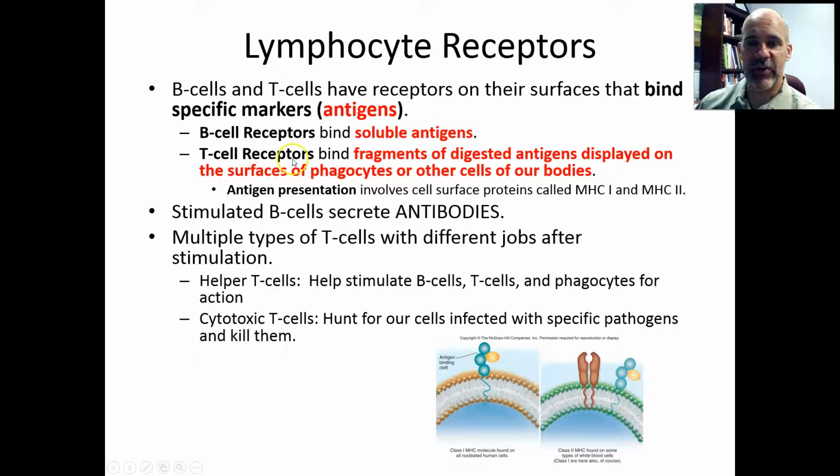T cell receptors, as we'll see, don't bind to antigens on a virus, antigens on a bacterial cell, or say a protein molecule that's just floating around in the lymph node.